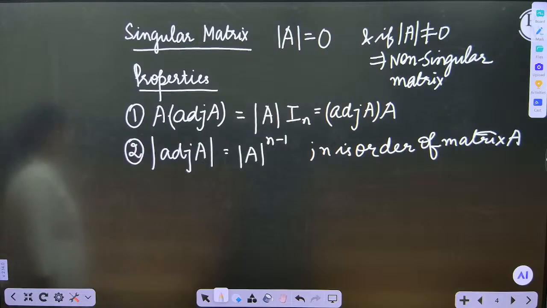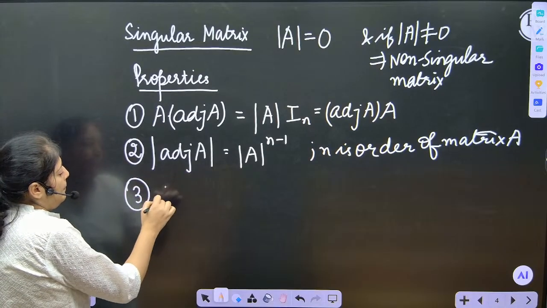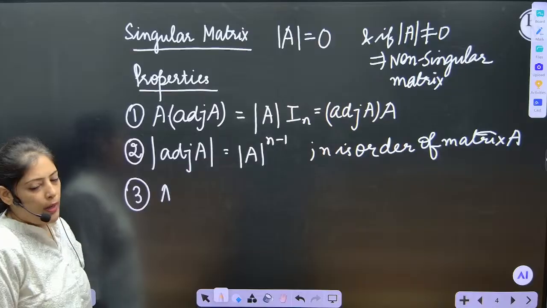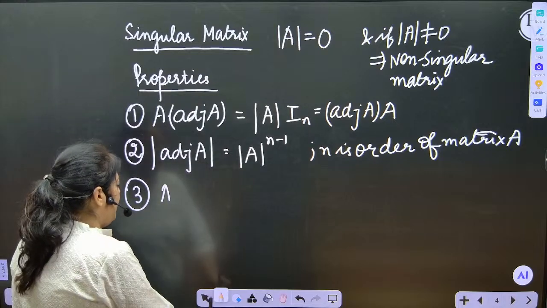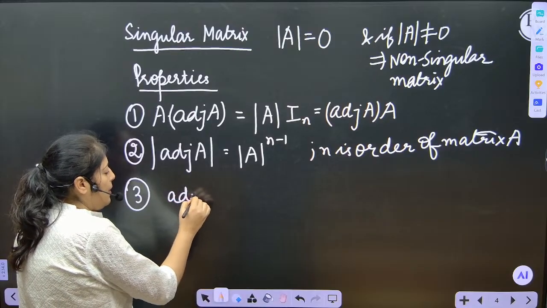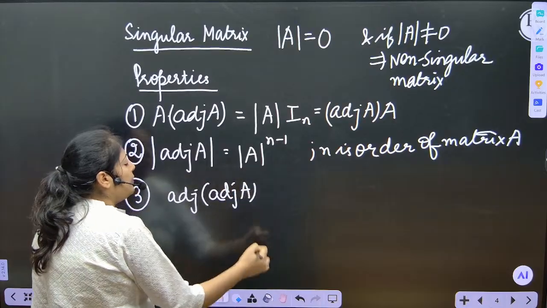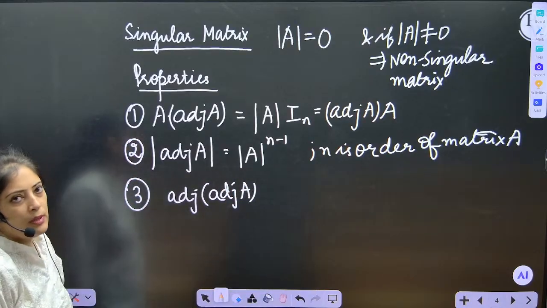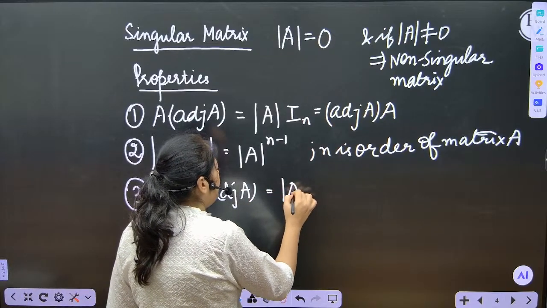Third thing: adjoint of A is one matrix. If I talk about adjoint of adjoint, what will come?